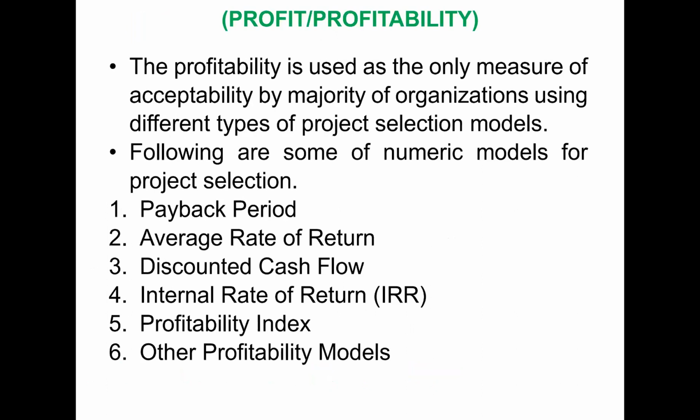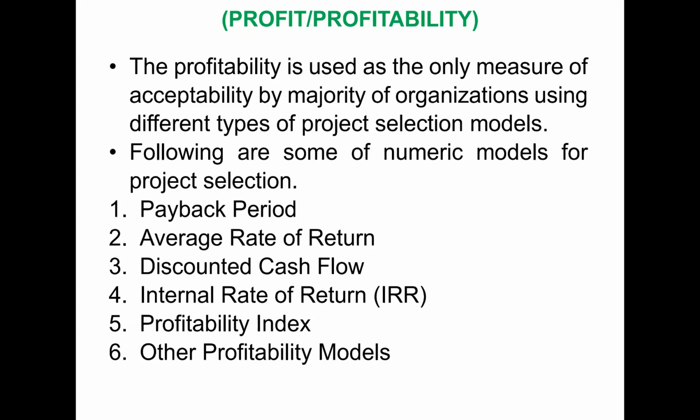The numeric project selection models help us to analyze profitability. Profitability is actually used as the only measure of acceptability by a majority of organizations using different types of project selection models. The following are some of the numeric models. Number 1, payback period.